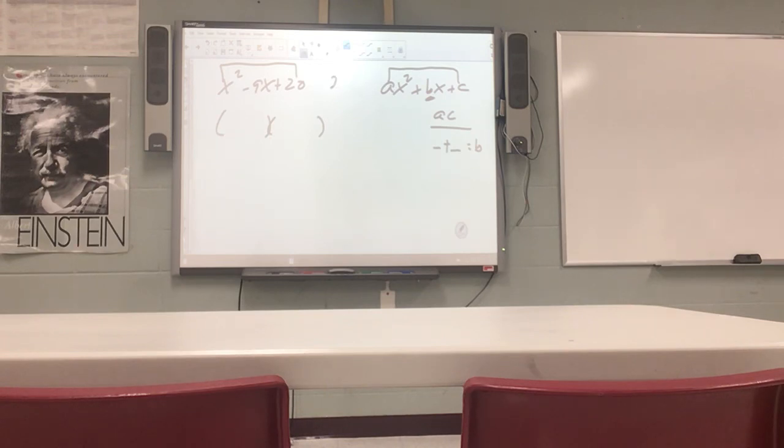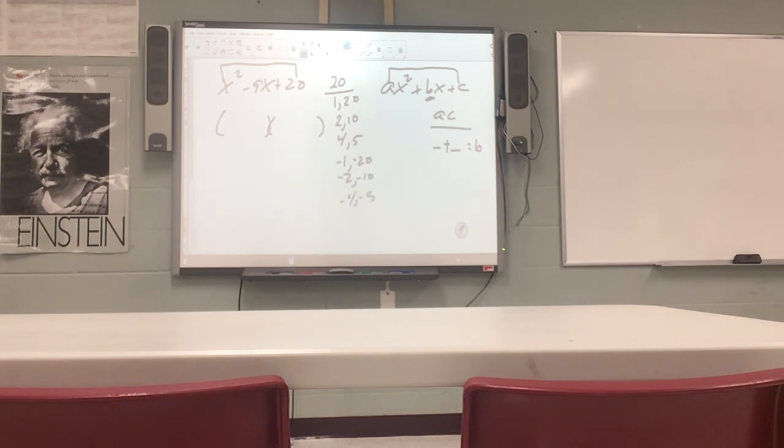So I need to know what numbers multiply to make a positive 20. You'll be able to skip this step later on, but let's just start and list all our factors. So you could have 1 times 20, 2 times 10, 4 times 5. And also to make a positive 20, I could also have all those same factors and both of them be negatives, couldn't I?